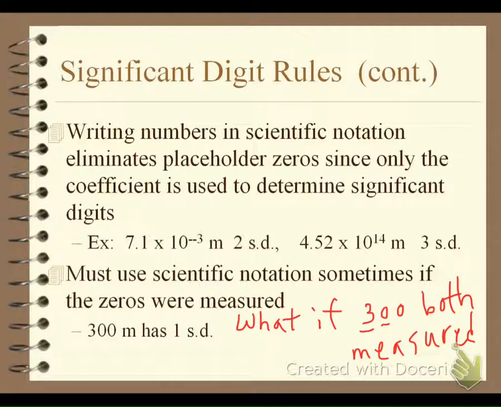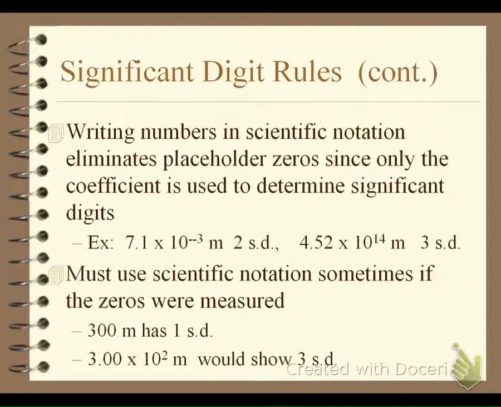What if the 3 and the first 0 were both measured? In other words, the uncertainty is plus or minus 10 meters. The only way I could write that to show 2 significant digits would be to put it in scientific notation, because I can write the coefficient as 3.0 times 10 to the second. 3.00 times 10 to the second would show 3 significant digits, as would putting a decimal point at the end of the 300.